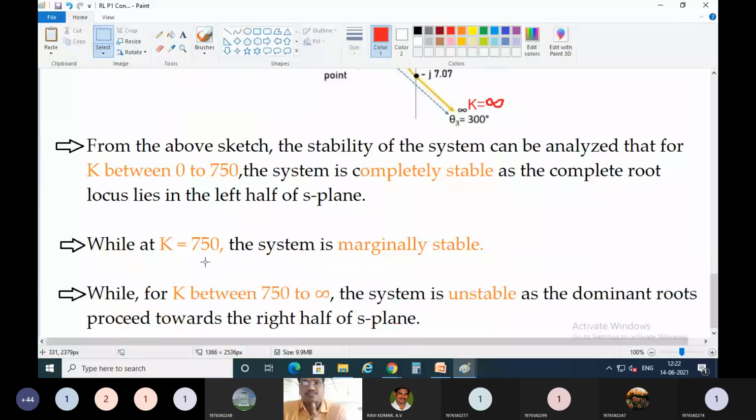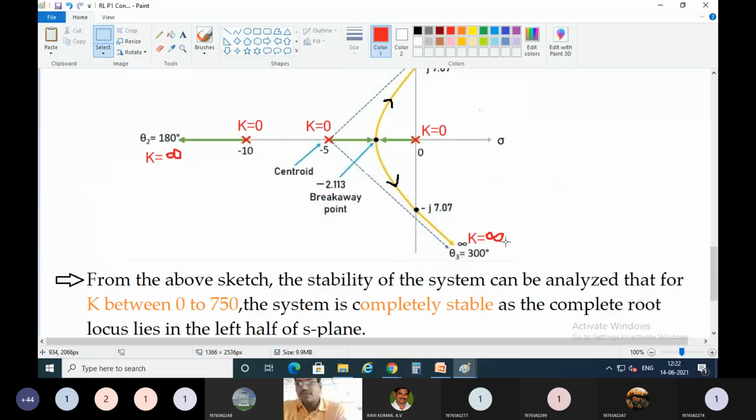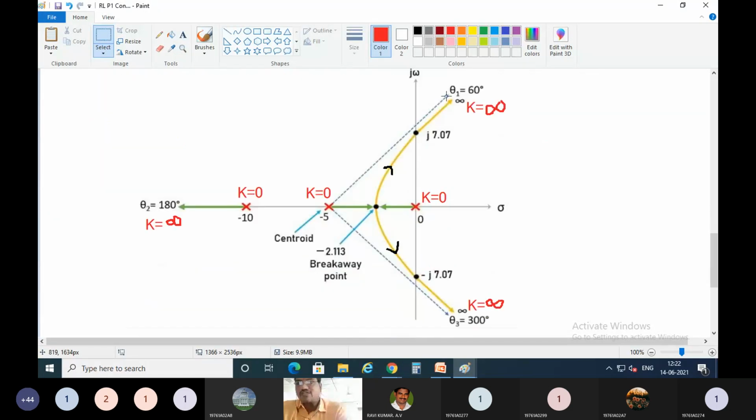After K equal to 750, the root locus enters the right half plane, RHP. So then the system is unstable.